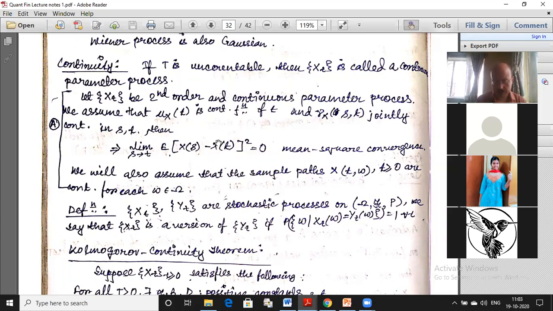It's the same thing. So mean square convergence is this property which one can show, which follows from the second order property and the continuity of the covariance function. So if I have continuity of the covariance and the second order property, then I have mean square convergence. So that is one point.